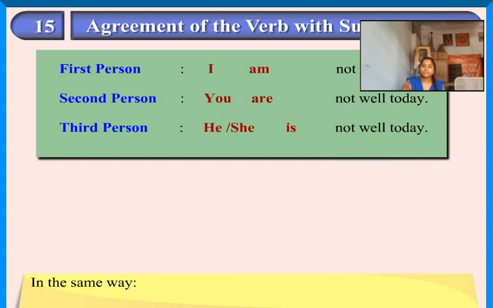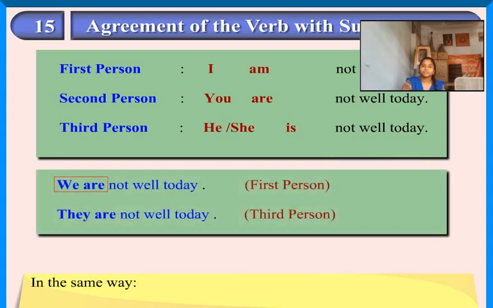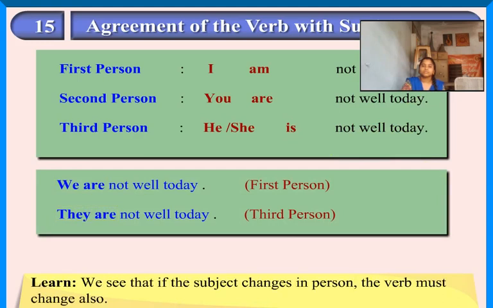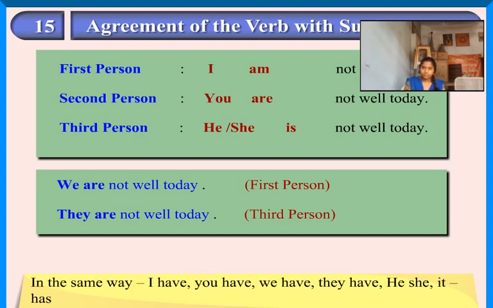In the same way, we are not well today. They are not well today. Learn. We see that if the subject changes in person, the verb must change also. In the same way, I have, you have, we have, they have, he, she, it has.